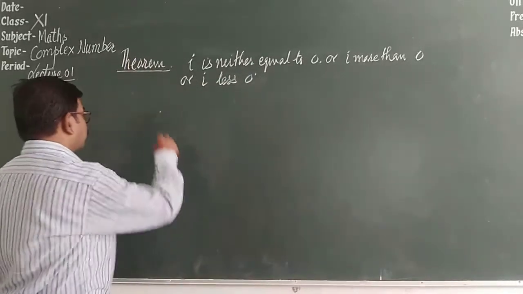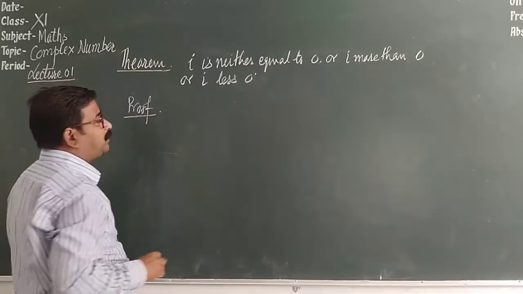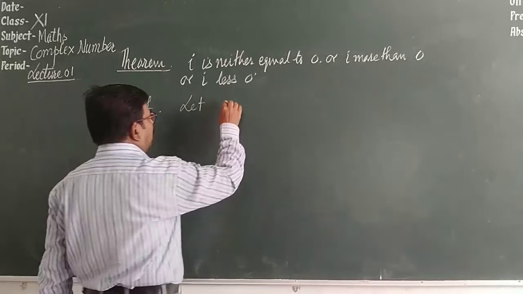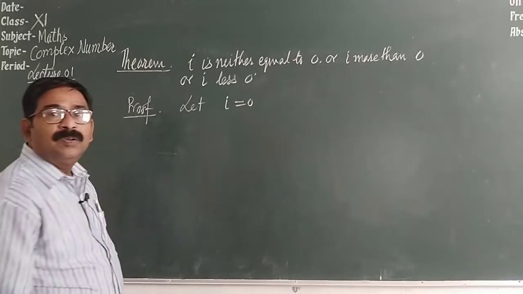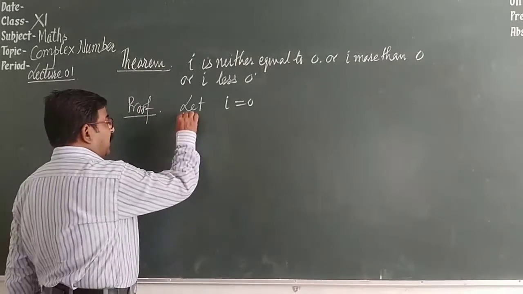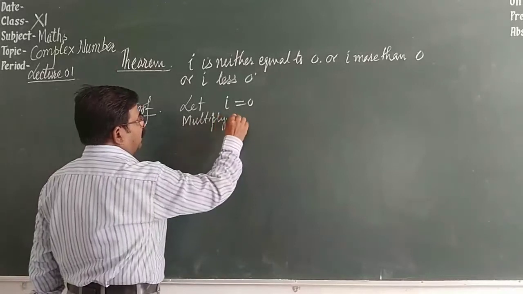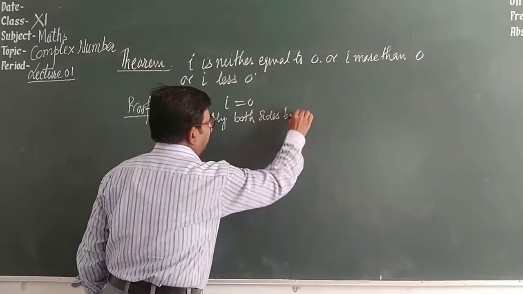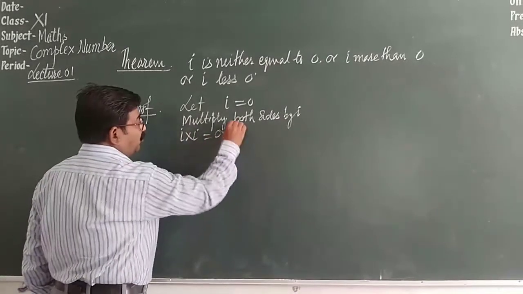See this. Proof: let i equal 0. We suppose that i is equal to 0. Multiply both sides by i. So what do we have? i into i is equal to 0 into i.